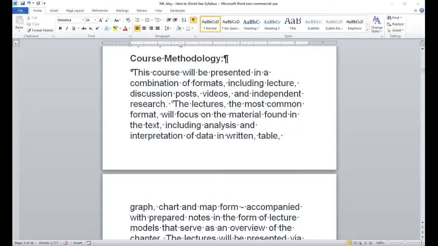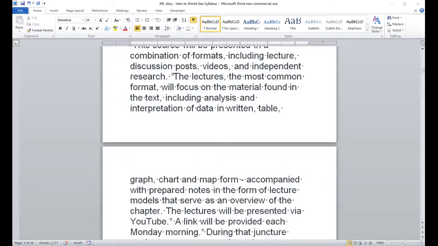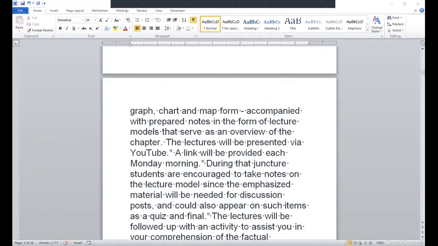The lectures, the most common format, will focus on the material found in the text, including analysis and interpretation of data in written, table, graph, chart, and map form. It will be accompanied with prepared notes, which I call lecture models, and let me show you one of those.